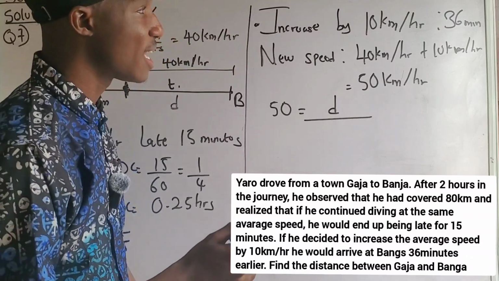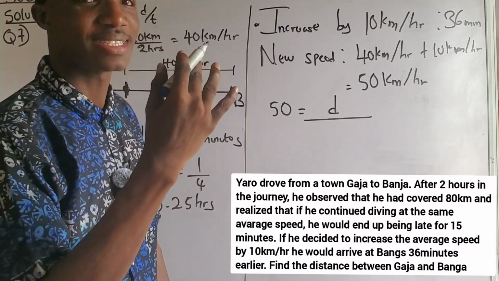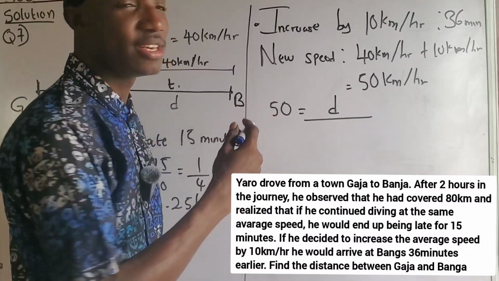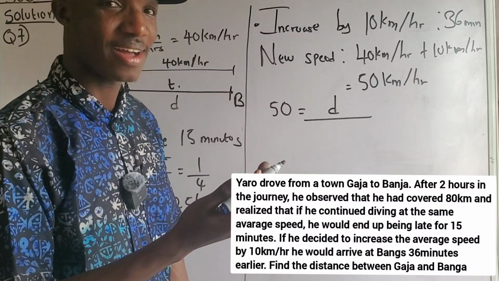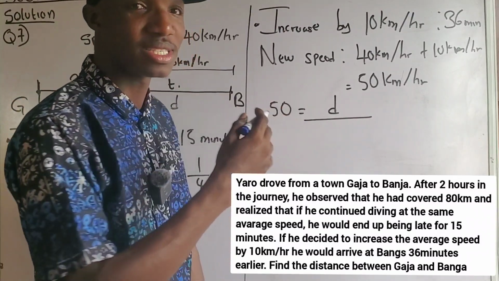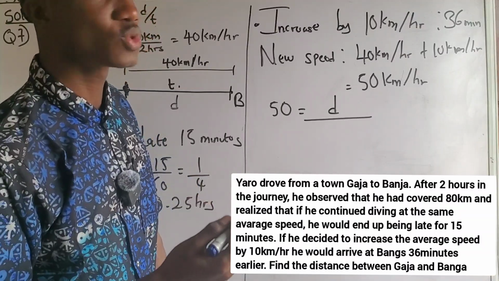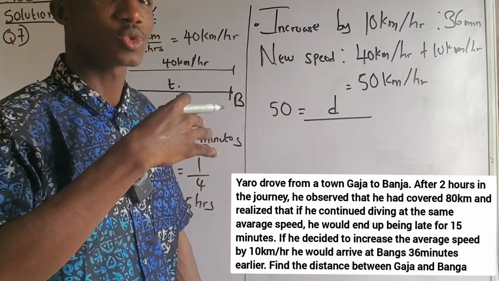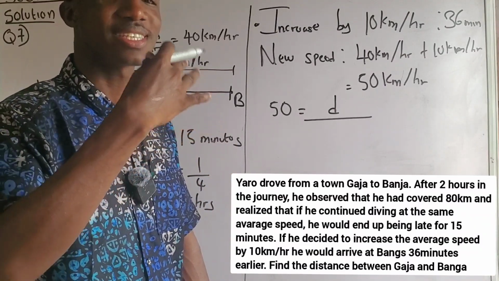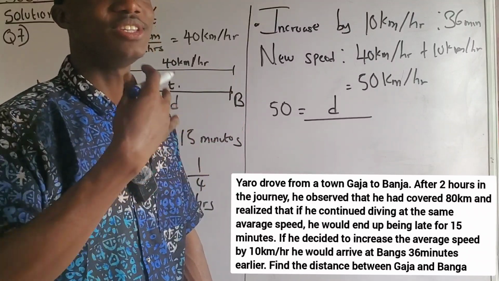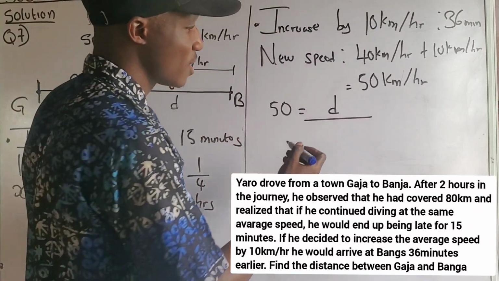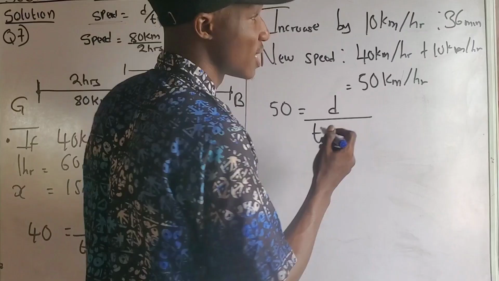Please pay attention. Because he is going to arrive at Banga 36 minutes earlier, the time he spends on the road is reduced by 36 minutes. So I'm going to have T minus 36 minutes.